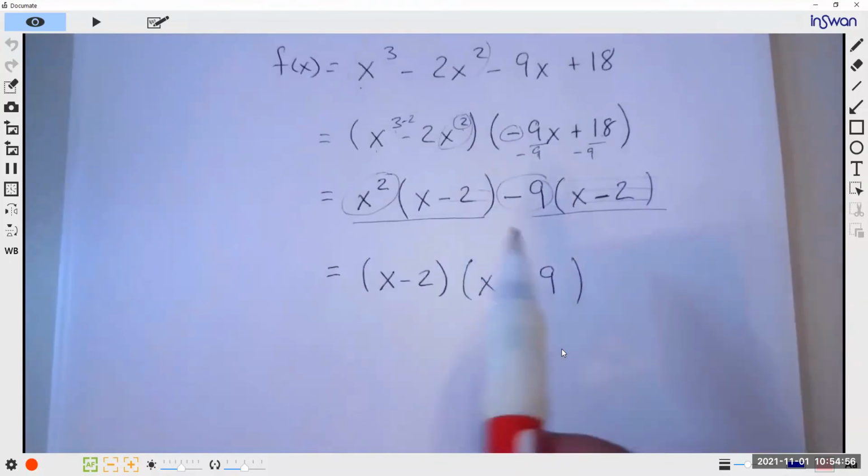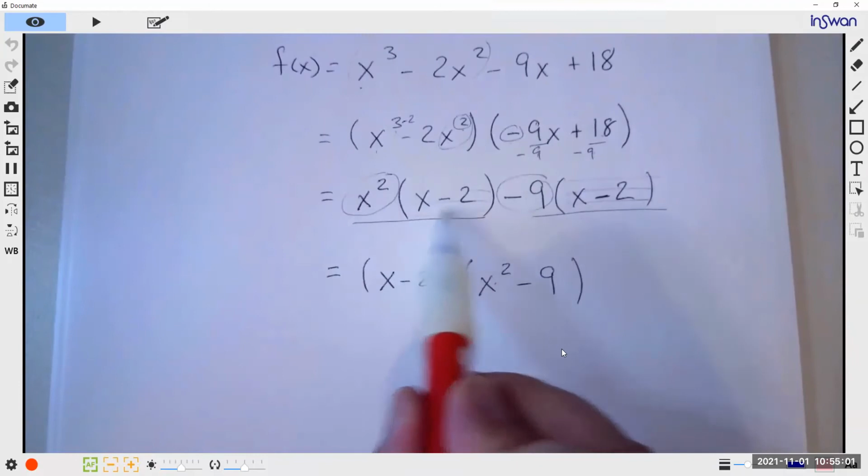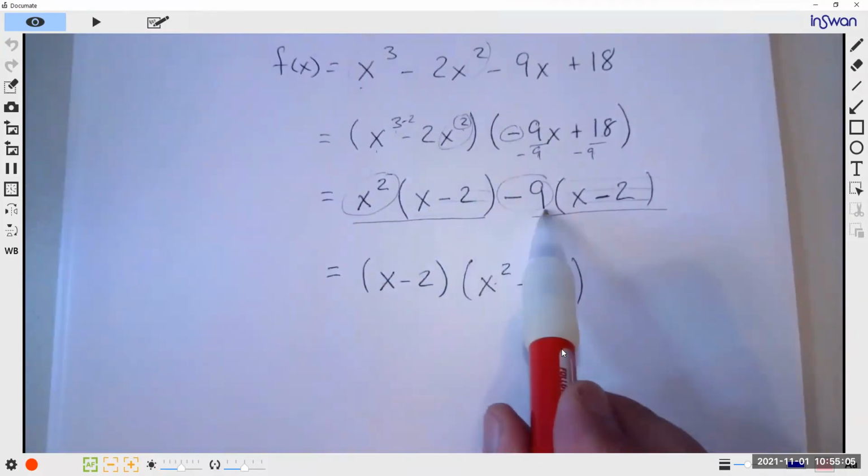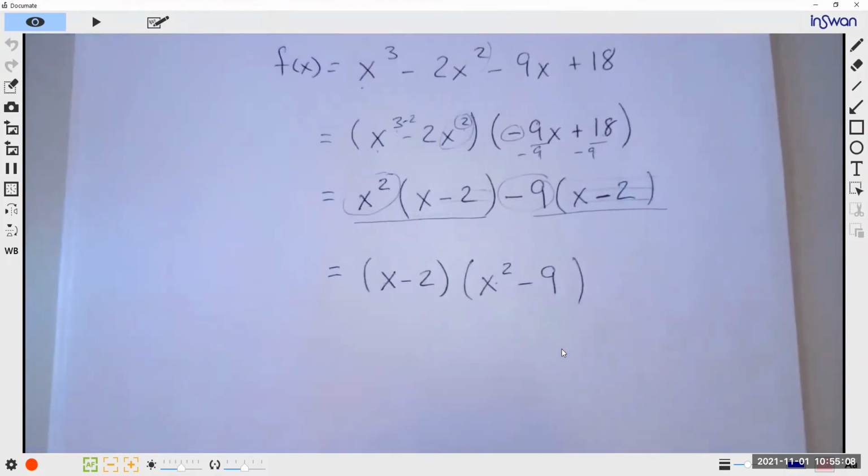Because you can check to see if that's correct. X minus 2 times x squared is x squared, x minus 2. X minus 2 times negative 9, so that checks out.